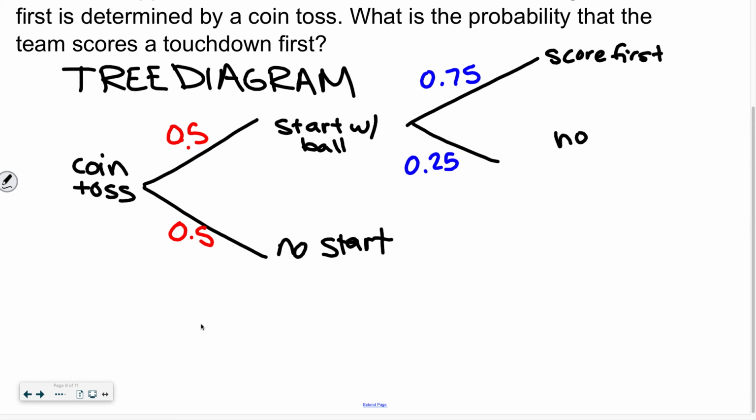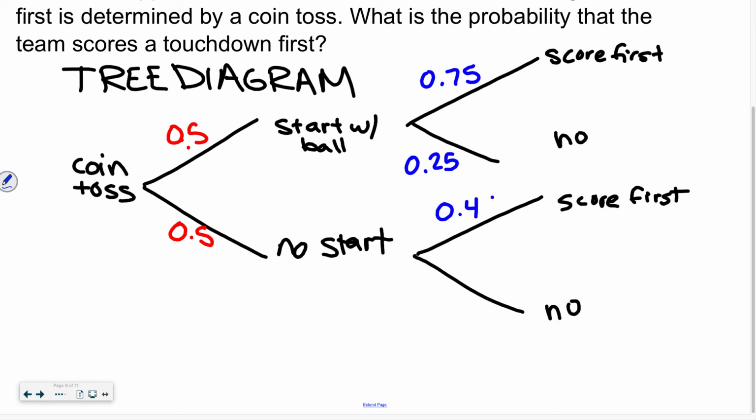If we don't start with the ball, we technically might be able to score first. It will depend on whether or not the other team scores. Or we may not score first if the other team scores. So then put in your probabilities there. What's the probability that you do score first if you don't start with the ball? 0.49.